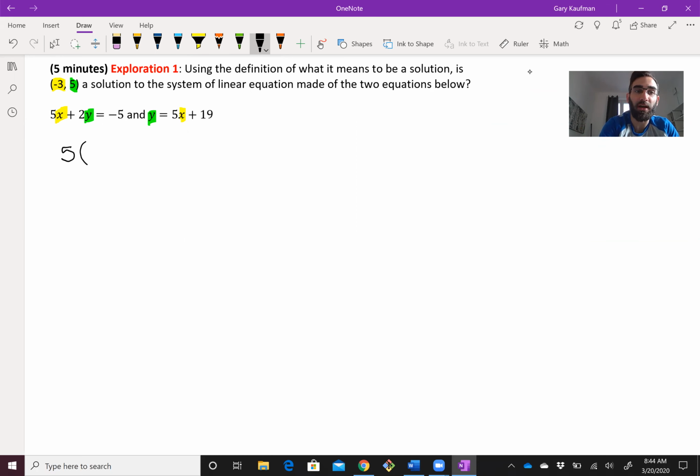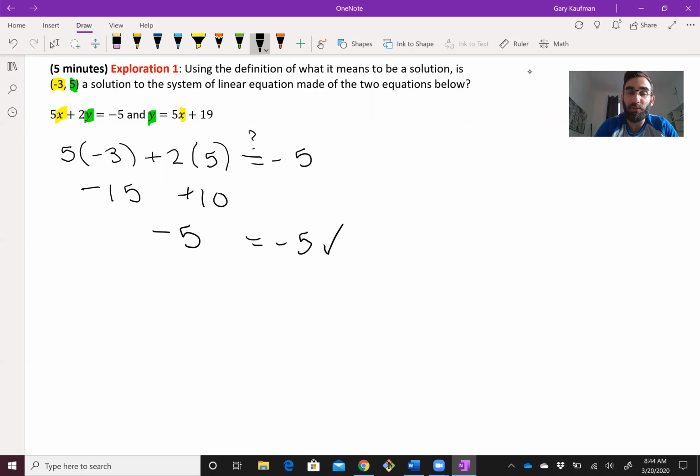So let's see, 5 times -3 plus 2 times 5. Does it equal -5? Well, -15 plus 10 is -5, in fact, it does equal -5. So this is a solution to the first one.